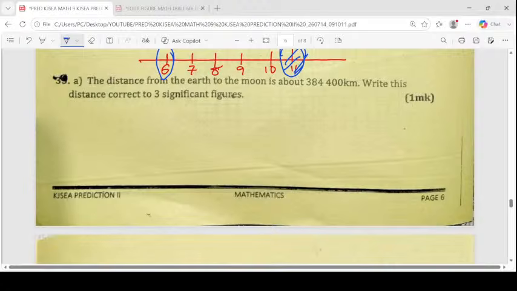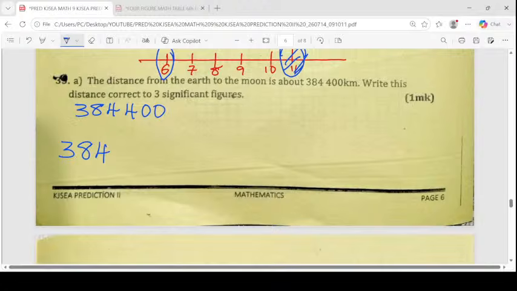Let us look at it. So when you have the number 384,400 kilometers, the first significant digit is 3. The next significant digit is 8 because it is non-zero. The third significant digit is 4. Then these are three significant digits, the first 3.